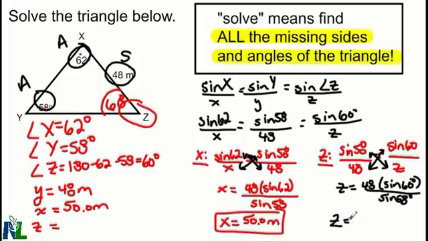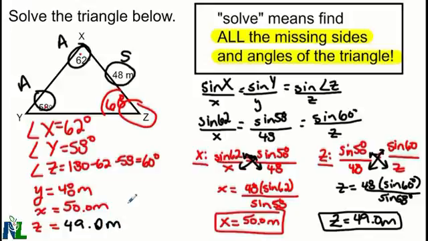When I solve for z, I end up with 49.0 meters. I can fill that in over here. Now that I know all three angles and all three sides of my triangle, I have solved my triangle.